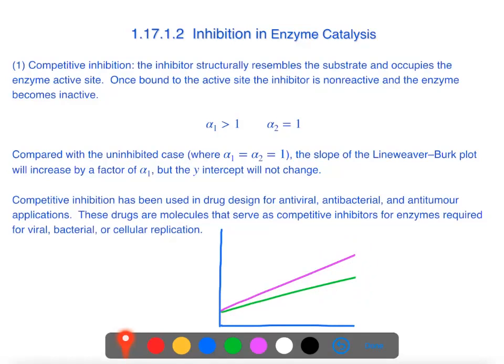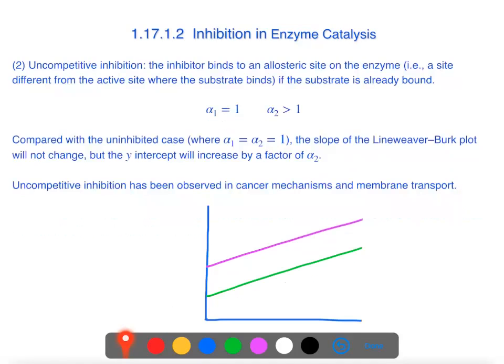And so this is a good example of what competitive inhibition would look like when plotting the data for this type of system. In general, competitive inhibition has been used in drug design for antiviral, antibacterial, and anti-tumor applications. These drugs are molecules that serve as competitive inhibitors for enzymes required for viral, bacterial, or cellular replication.